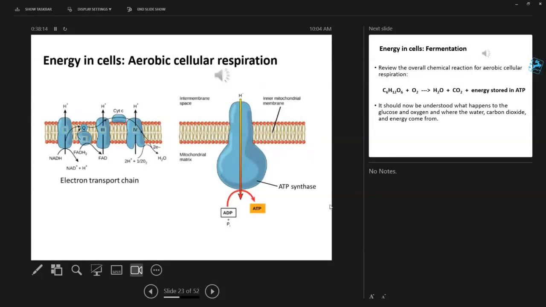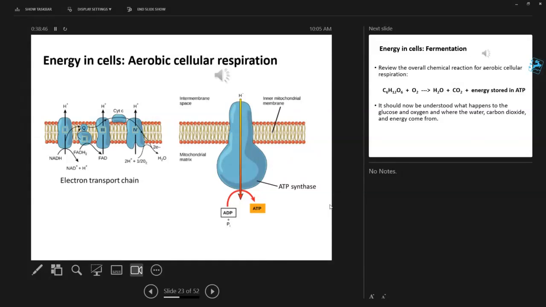So this is the inner membrane. The outer membranes would be out here. Membranes of the mitochondria. So this here is the intermembrane space between the inner and the outer membrane. And these are molecules, special protein molecules in this membrane.